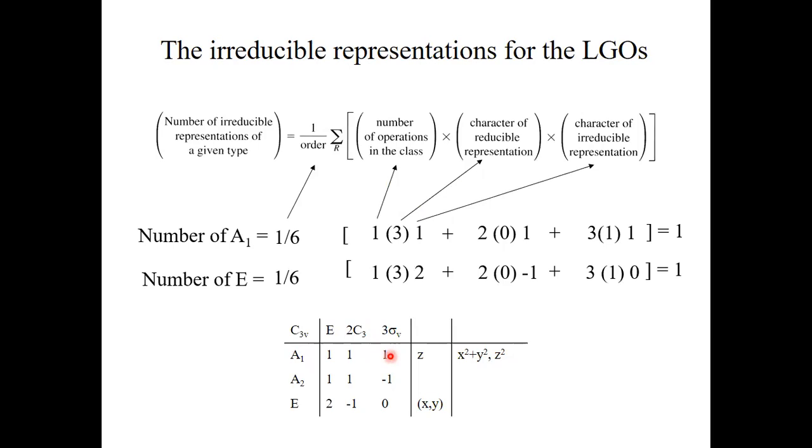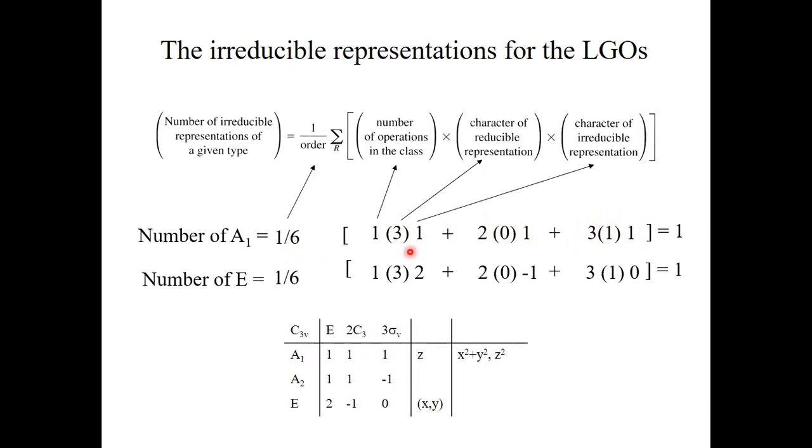Okay, so now what does that give? Well, this is 1/6 times (1 times 3 times 1, plus 2 times 0 times 1, plus 3 times 1 times 1), which is 1/6 times (3 plus 0 plus 3).